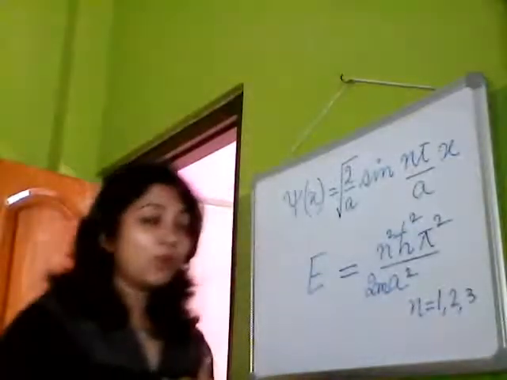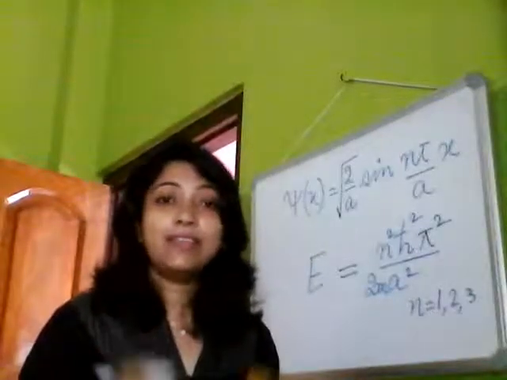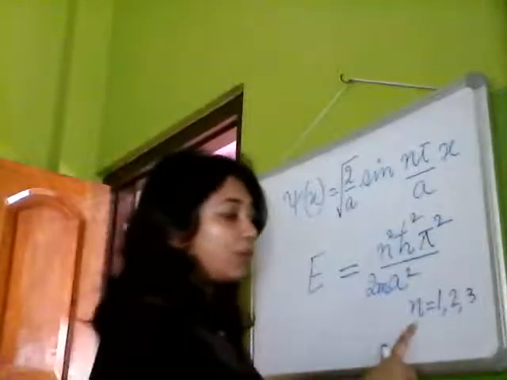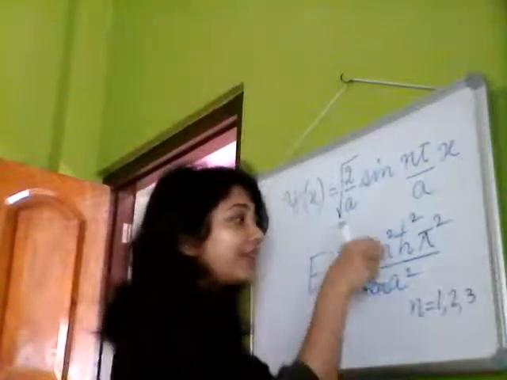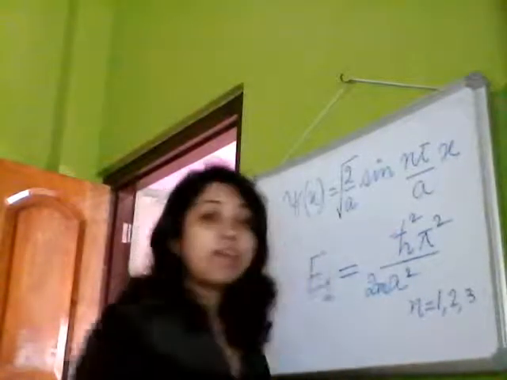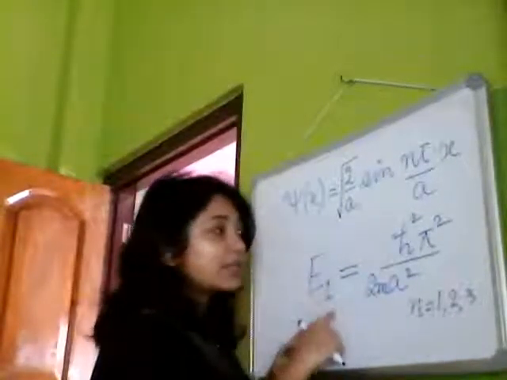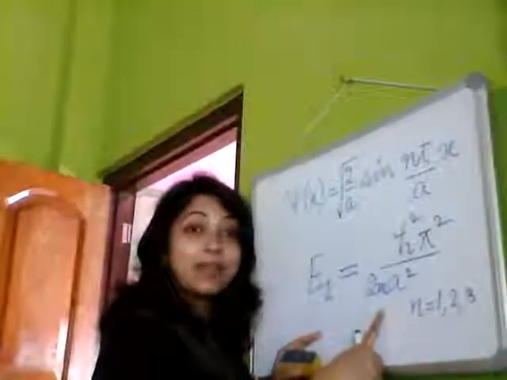Remember? So, please take a pause and try to think of the significance of this result. When I put the value of n equal to 1 in this value, what will I get? I will get the smallest value of energy possible, which I may call as the, say, energy E1. And that value is coming out to be h cut square pi square by twice m a square. Right?